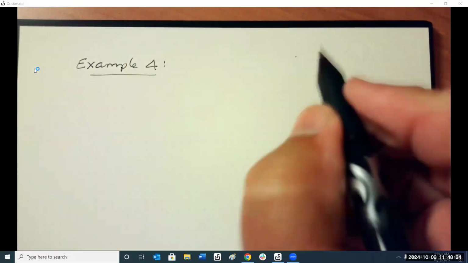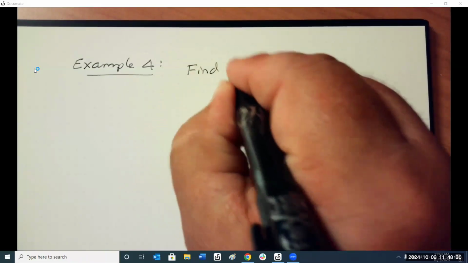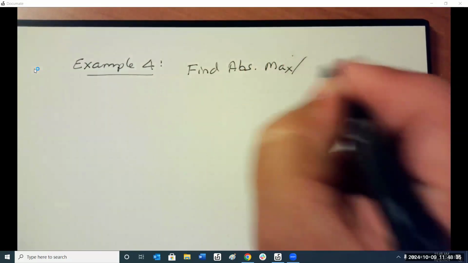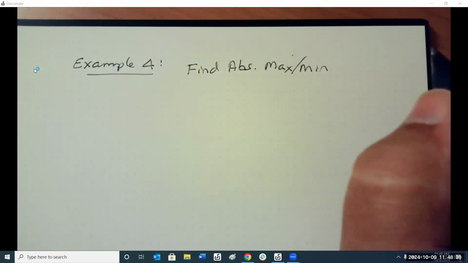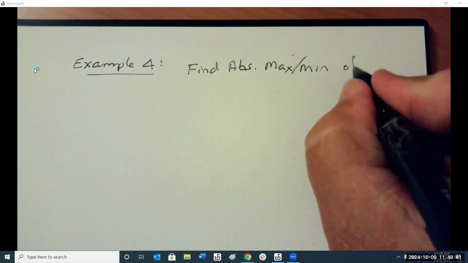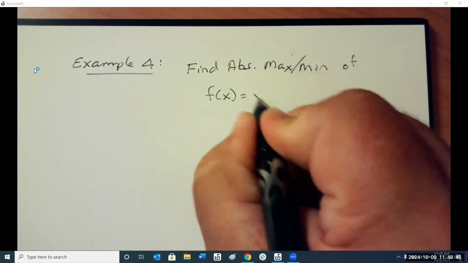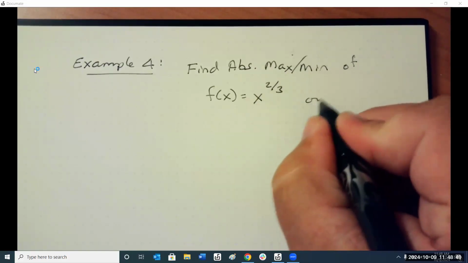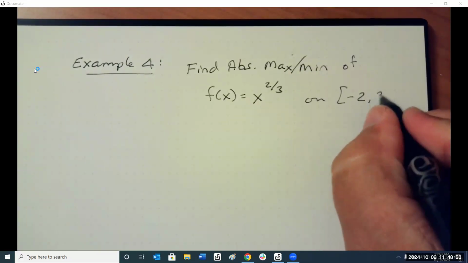Example 4. Absolute max and min of the function f of x equals x to the power 2/3 on the interval -2, 3.